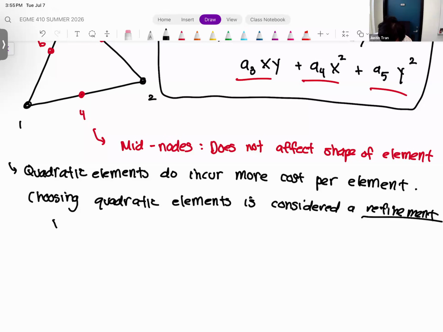And so the specific terms in the literature are that you can either have what's called H level refinement or P level refinement. These are just fancy ways of saying, an H level refinement just means you're making the elements smaller while keeping the order the same.